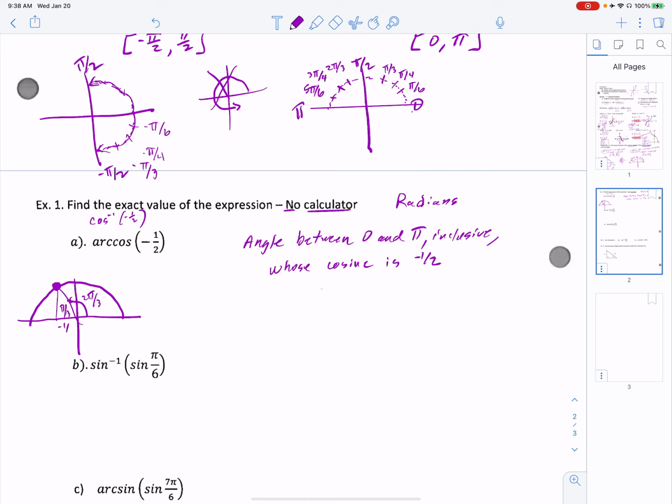That's where I'd have a negative 1/2 and up root 3 over 2. This ordered pair would be negative 1/2, up root 3 over 2. So what angle has that x-coordinate of negative 1/2? It is 2 pi thirds. That is the only possible angle that you can give me, because we are restricting the output between 0 and pi.